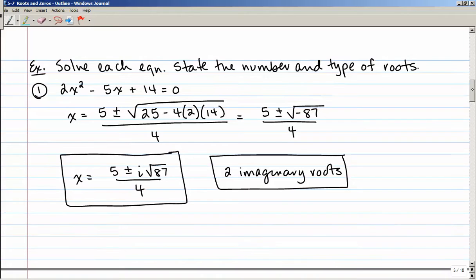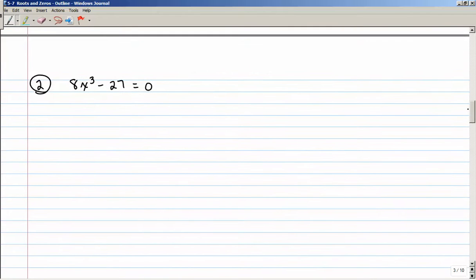Okay, let's take a look at another example. 8x cubed minus 27 equals 0. This is going to be a difference of 2 cubes, and in this case a is going to be equal to 2x, because the quantity 2x cubed is 8x cubed, and b is going to be 3.